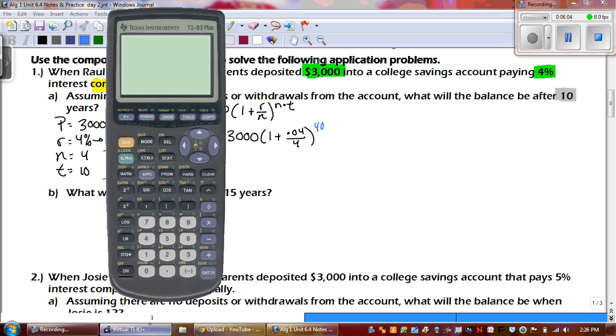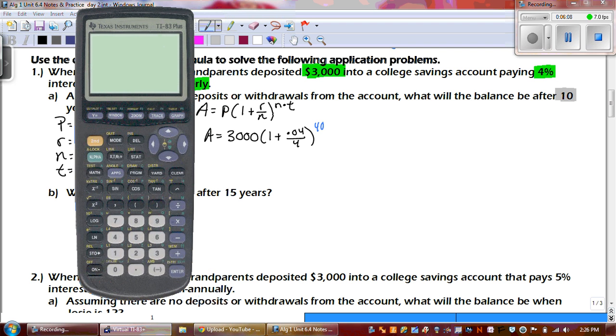And now from this point, you can put everything into your calculator and it'll spit out the answer. You just have to be very careful how you put it in. So we have 3,000 times (1 plus 0.04 divided by 4), close the parentheses, and that's all raised to the 40th power. Okay?